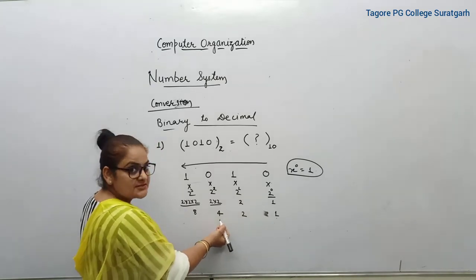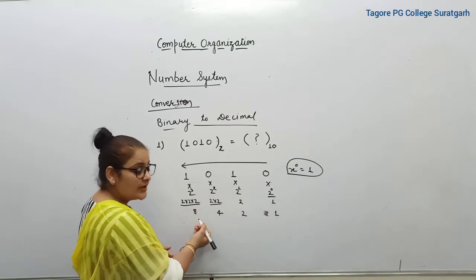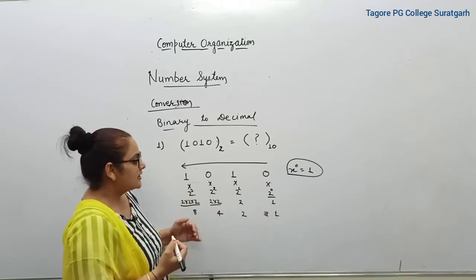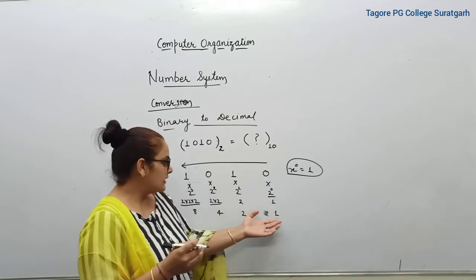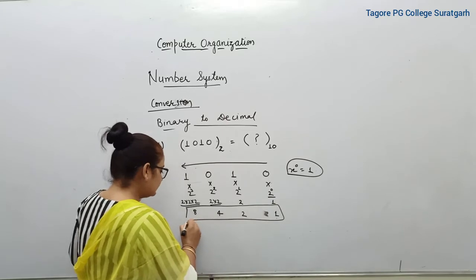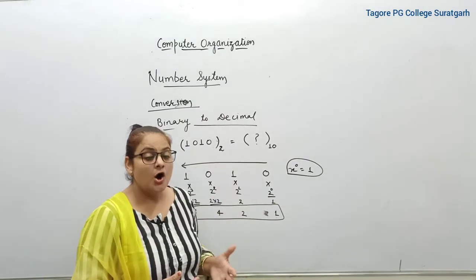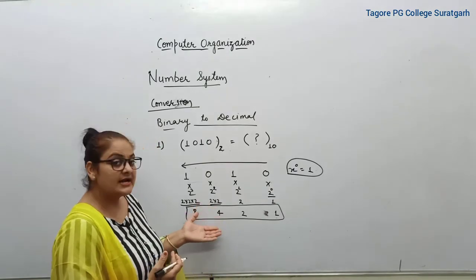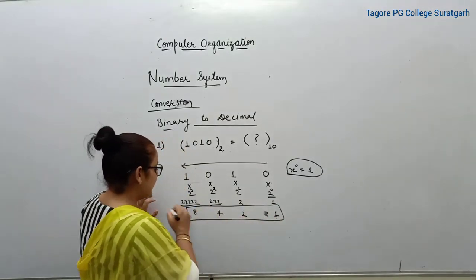Then there comes 4, which is double of 2, and there comes 8, which is double of 4. Or generally, if you are solving like a short trick, you can also apply this sequence directly. But I have taught you how this sequence came, or from where this sequence arrives here. So this is the 1, 2, 4 and 8.